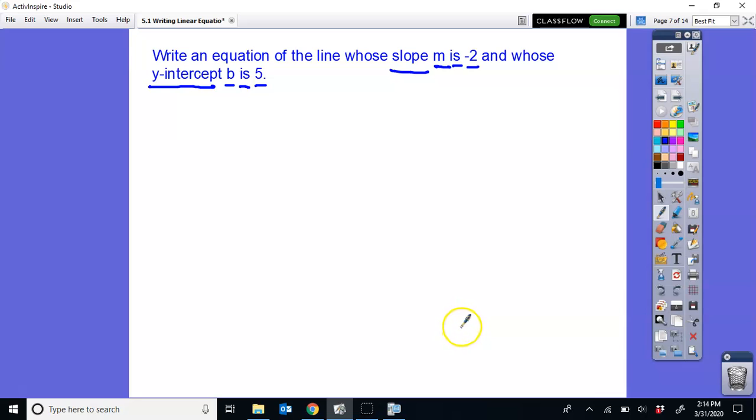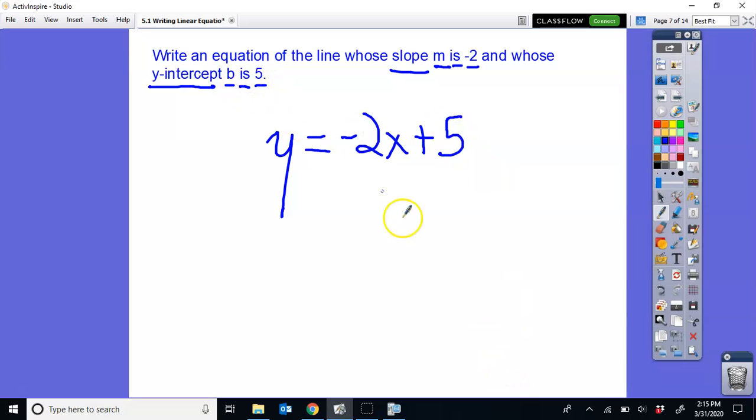So you may want to pause the video here, try it real quick, see if you can get it. Now that you've tried it, y equals mx plus b. What's m? -2. So -2x plus b is 5, so plus 5.